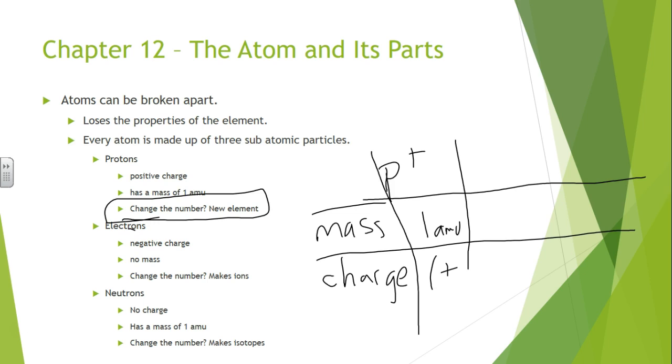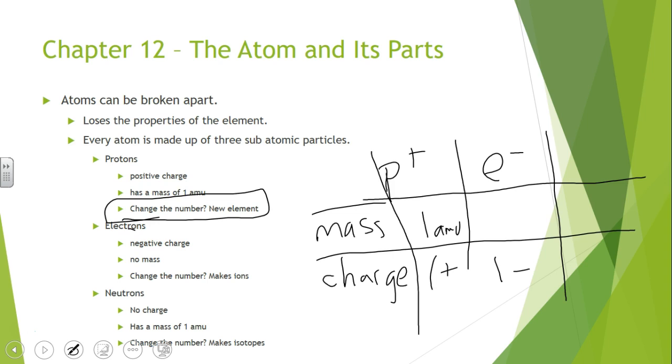Now, electrons, which are symbolized here with an E-, guess what their charge is? If this is minus, this is a 1- charge. So an electron is a counterpart in charge to protons: 1-, while protons are 1+.